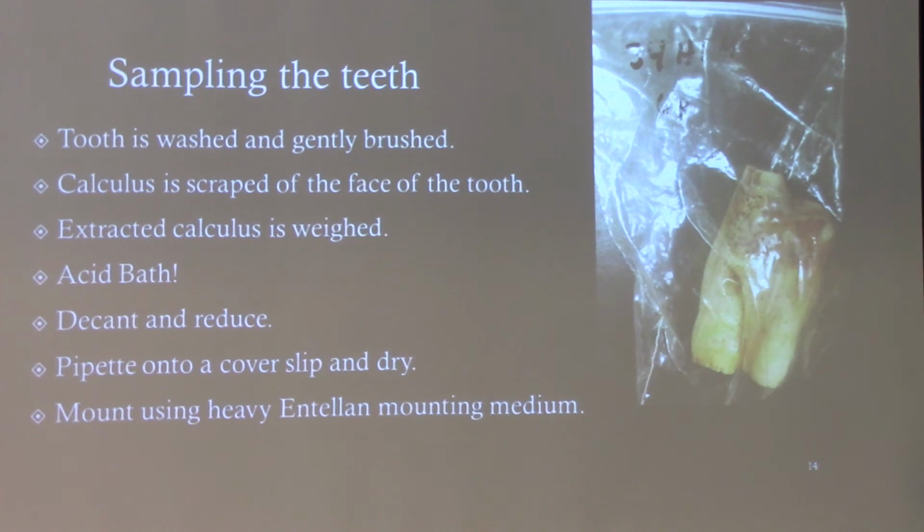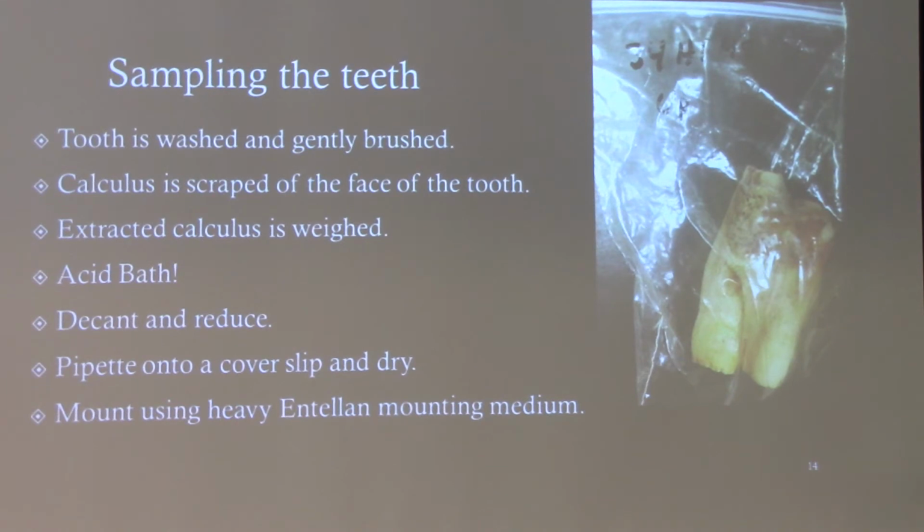You do this to get rid of any dirt because you don't want any phytoliths from the soil that is on the teeth to disturb your dental sample. You don't want any contamination that way. Calculus is then scraped off the face of the tooth with essentially just a dental tool, the same thing you use or have had used on you when you go to the dentist's office.